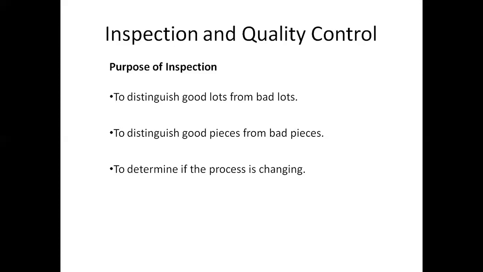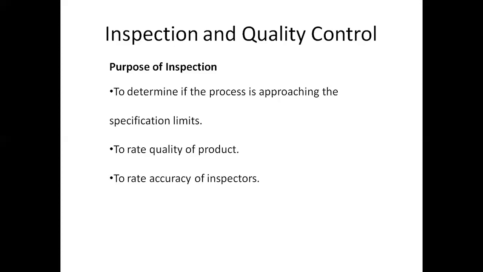To determine if the process is changing means, by applying this process, is the whole method changing or not? What do you mean by method? Means, is the quality improving in the long run? Because what is the purpose of quality control and inspection? Inspection is to improve quality control, so that these wrong methods of production come down.